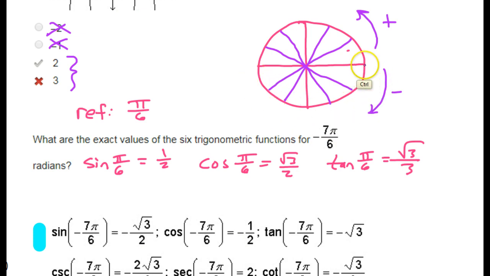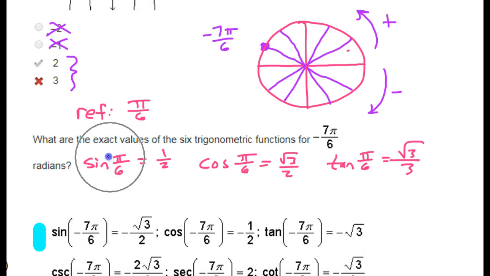So here I go. This is negative 1 pi over 6, negative 2 pi over 6, negative 3 pi over 6, negative 4 pi over 6, negative 5 pi over 6, negative 6 pi over 6, and negative 7 pi over 6. So negative 7 pi over 6 is right here. Okay, this is in the second quadrant.